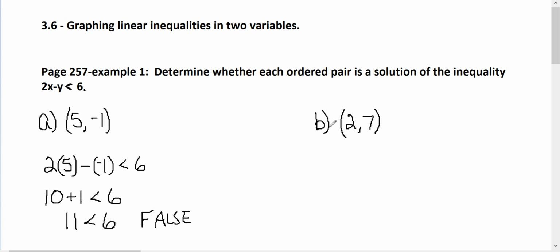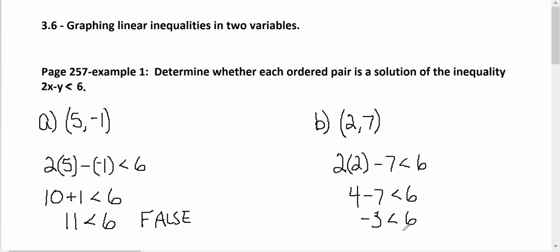For B, x is 2, y is 7. It's going to be 2 times 2 for x, minus 7. Is that less than 6? 4 minus 7 is less than 6. Negative 3 is less than 6.